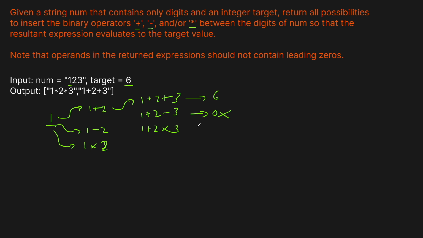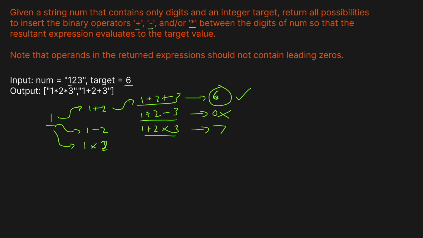So obviously that doesn't work. This one is going to be 7 because we want to deal with order of operations. So what we do is build all the possible values, and at the end we check whether or not they equal our target value. And if it does, then we can add it to our result and we're good to go.